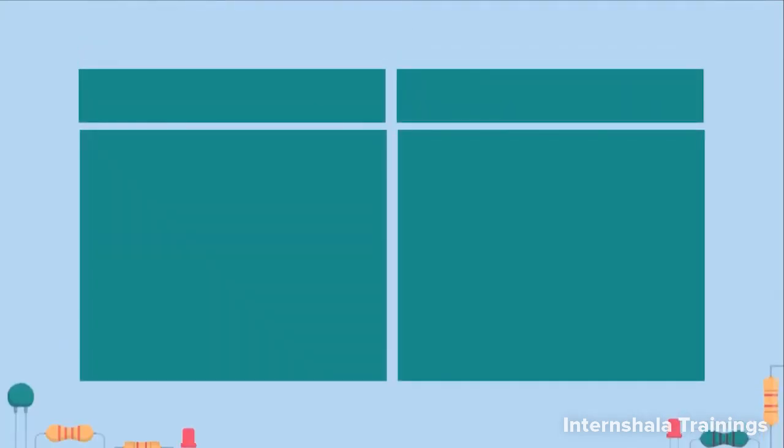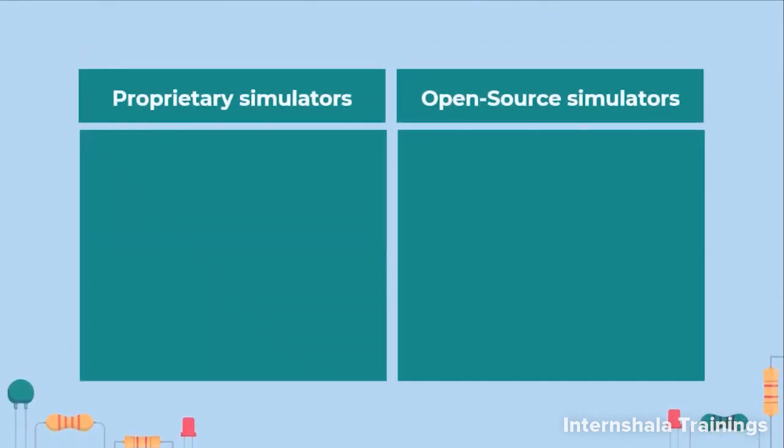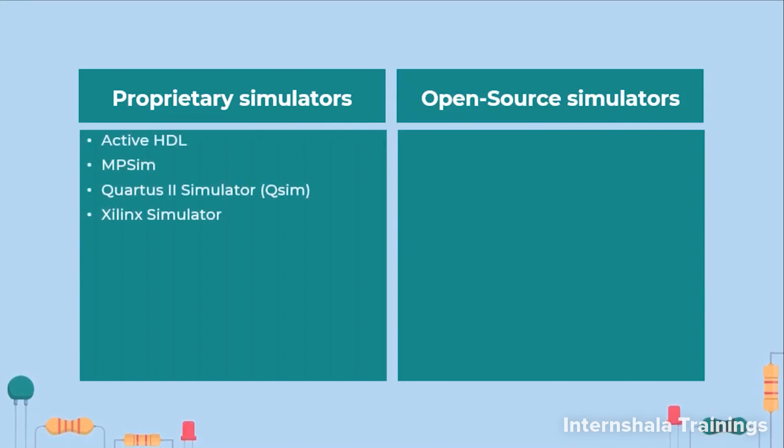So now let us have a comparison between the types of simulators that are available for coding purposes. We have proprietary simulators which are on a subscription basis, and we have open source simulators which are available for free. In the proprietary, we have ActiveHDL, ModelSim, Quartus or also called QSim, and Xilinx simulator. In the open source, we have Cascade, TKGate and Verilator.